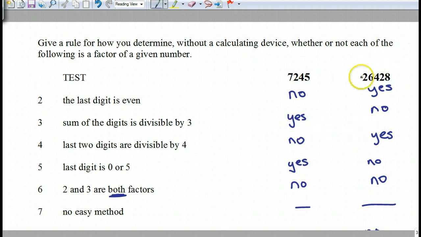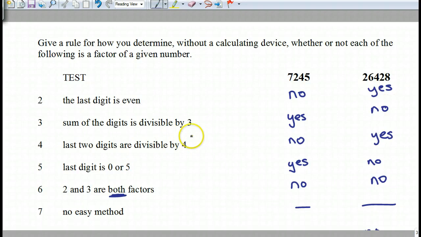We would do the same thing for 2648. Adding the digits: 2 plus 6 is 8, plus 4 is 12, plus 2 is 14, plus 8 is 22. Basically, I'm just adding each of the digits together.